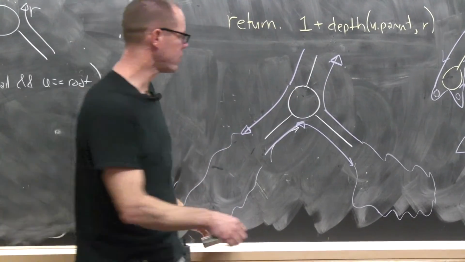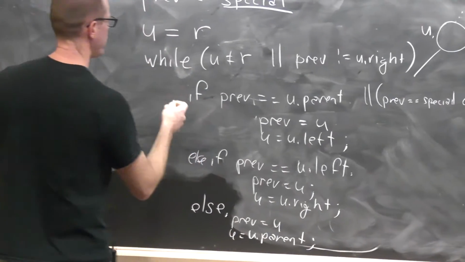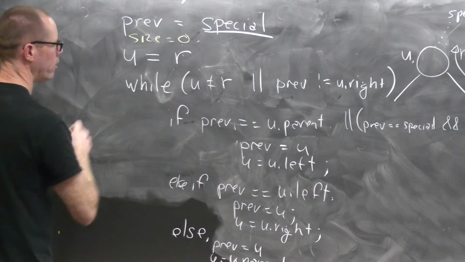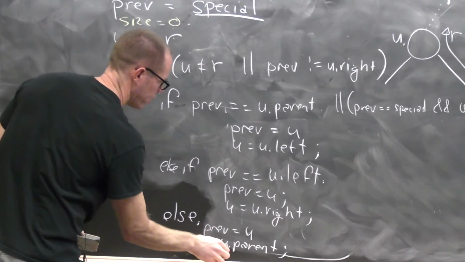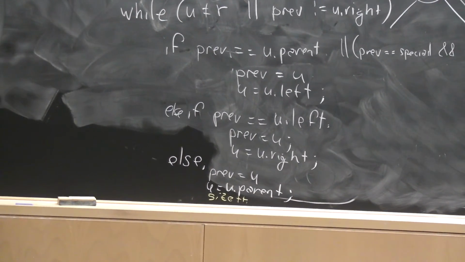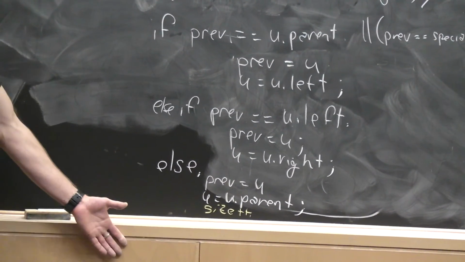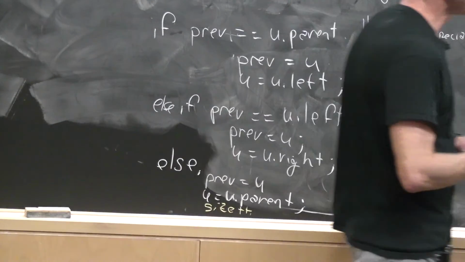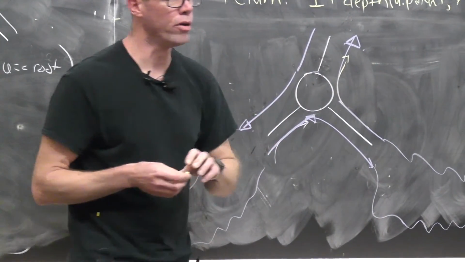So if we wanted to compute the size of the tree, we would just say something like size equals 0, and as we come up from the right child, size plus plus. Once this is done, the size is equal to the number of nodes in the tree, because it's equal to the number of times we walked across a node like this, which we do to every node in the tree.